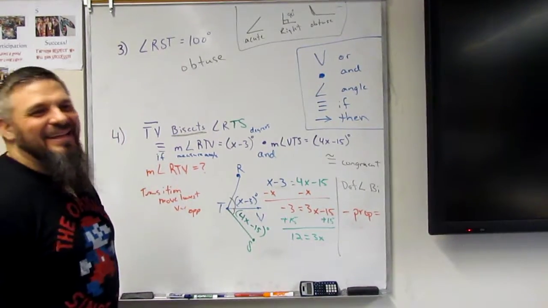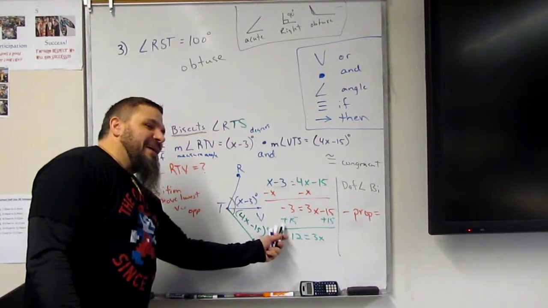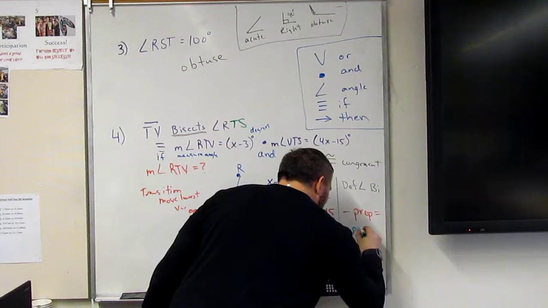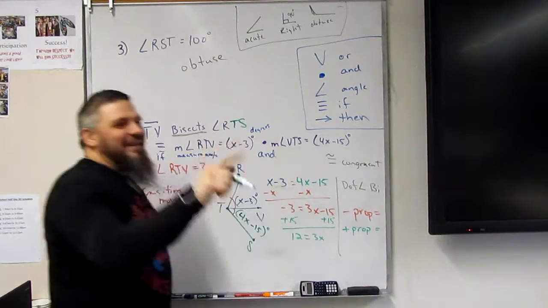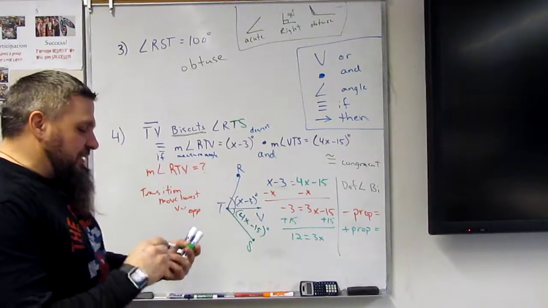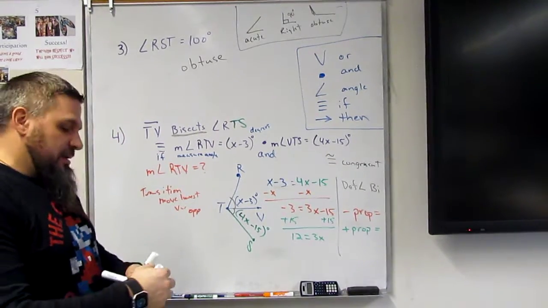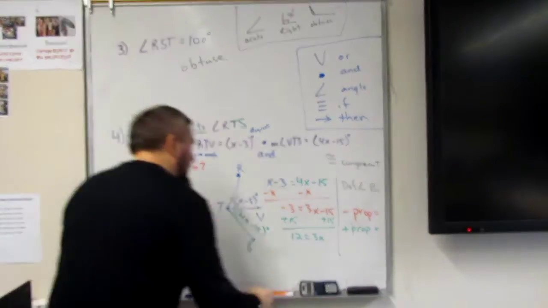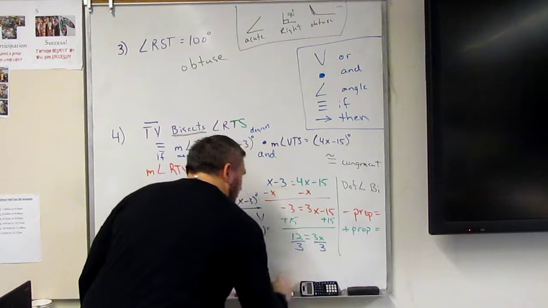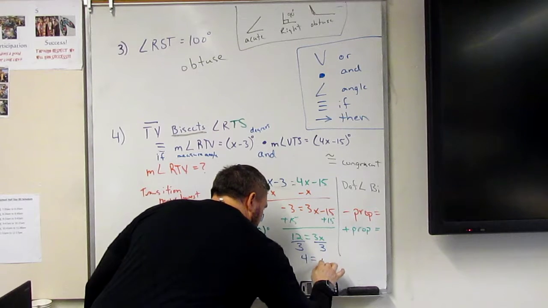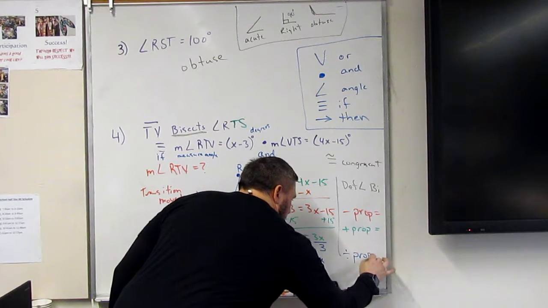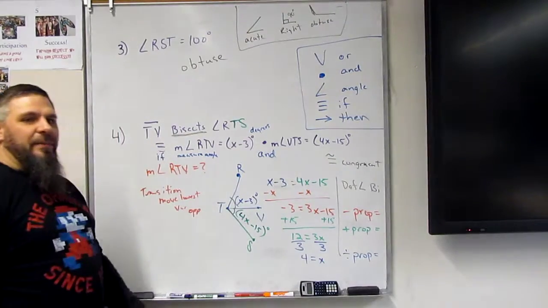No. What did we do? Addition property of equality. You were getting it, but yeah, we'll get there. All right, now what do we do? Divide. So then I got 4 equals x, so that's division property of equality, right?